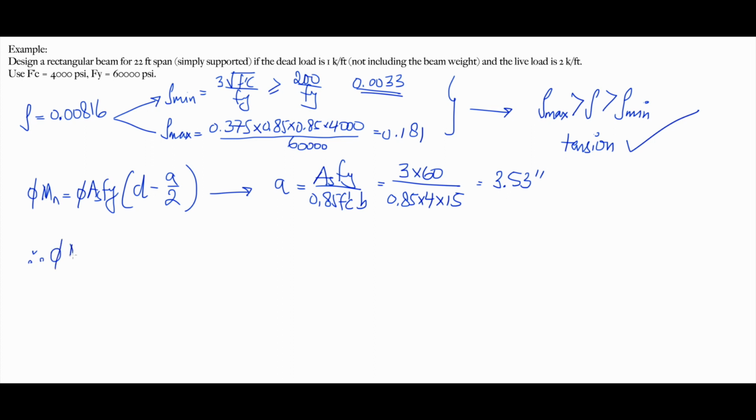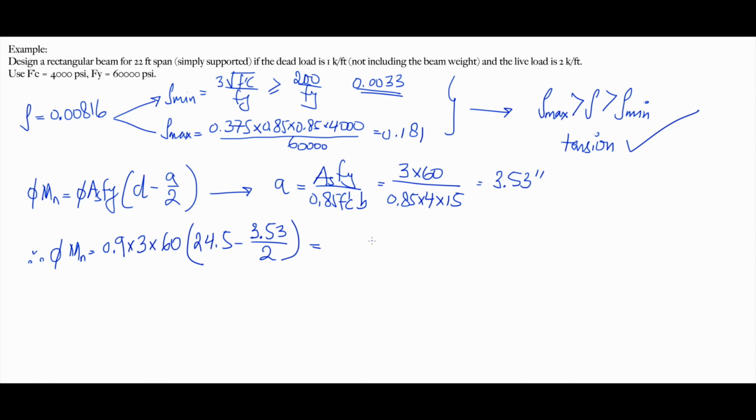All right, so eventually phi Mn equals 0.9, which is phi, multiplied by the area of steel multiplied by 60, times 24.5 minus a over 2, right?